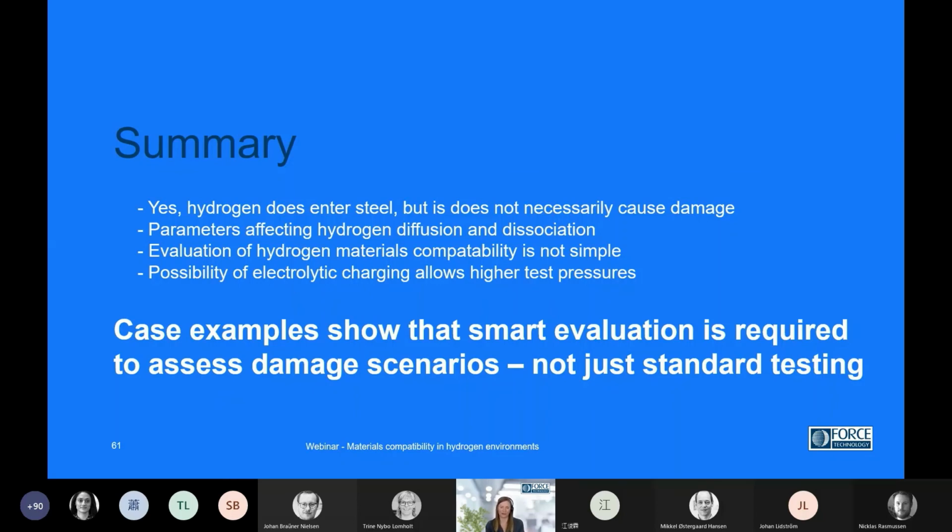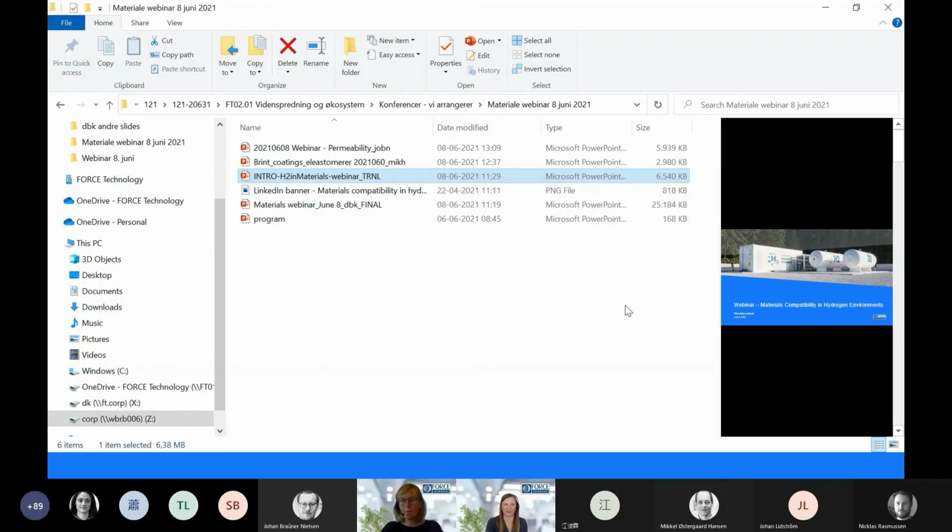The same goes for the hydrogen compatibility of materials. You need to evaluate the whole design. You can't just say if a material is suitable. Well, for very few materials this is true. And the possibility of electrolytic charging is something we work with. From our case examples and general experience, we really recommend to assess the entire damage scenario.